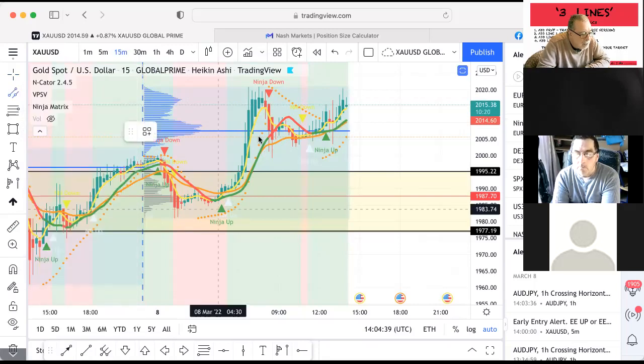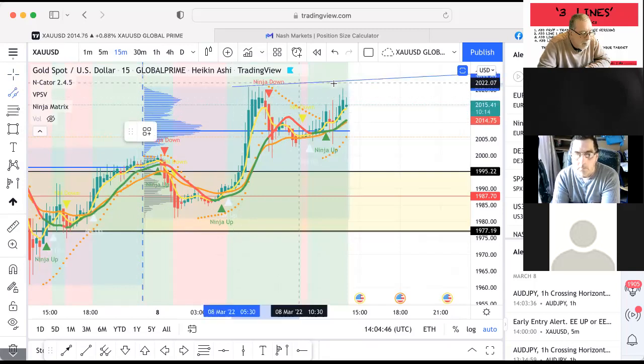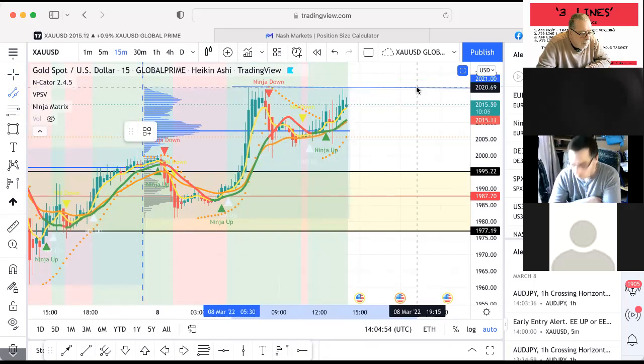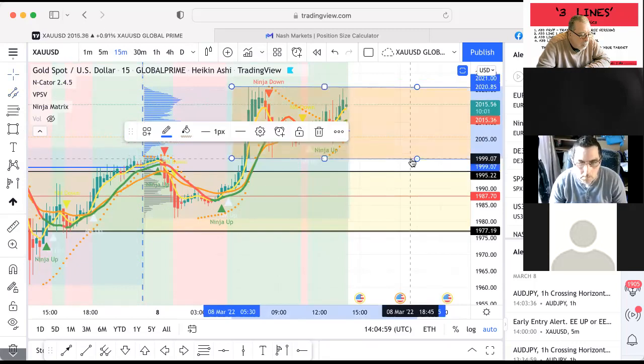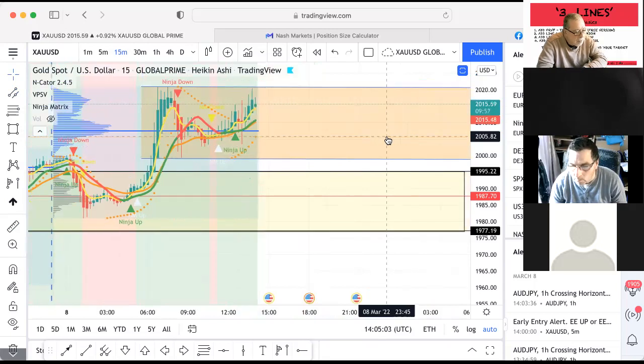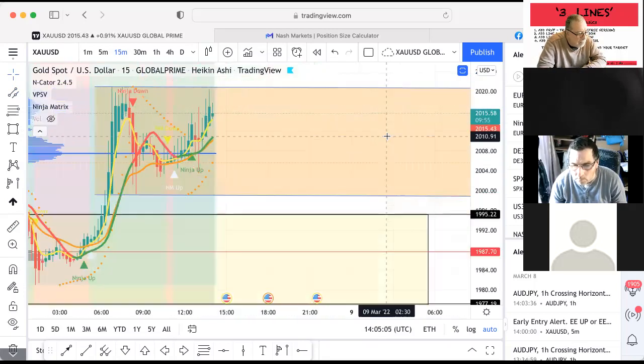Let's put a parallel channel from the top of that. That was sort of the highest point that price went to. And then bring it down to, well, that was the lowest point it's been recently. So that's quite a big channel, but it's still bouncing around in that channel, isn't it?